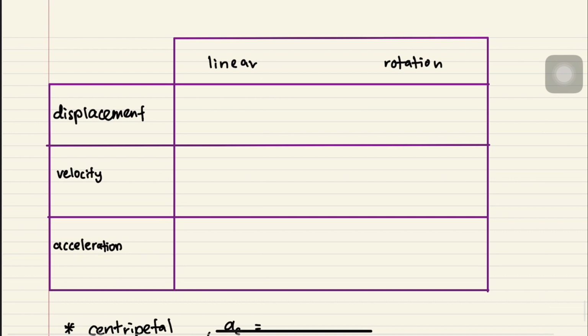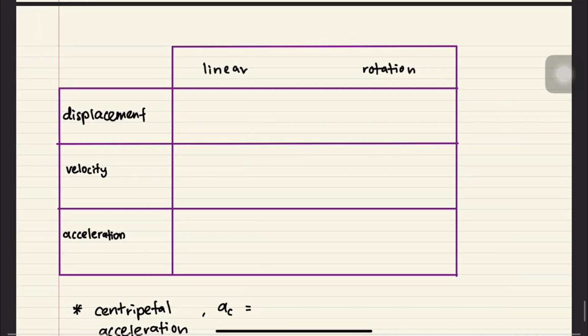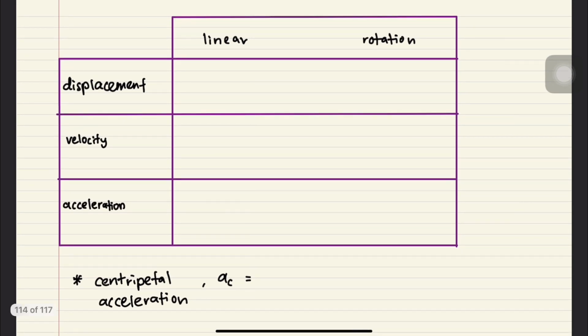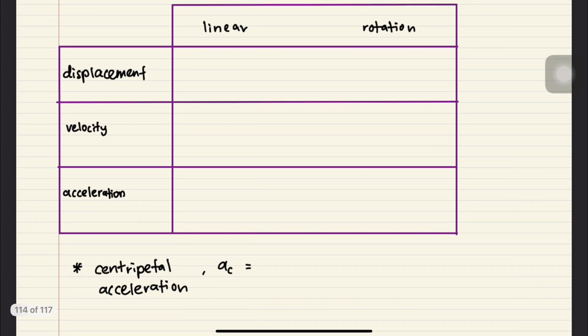First of all, I would like to show you that it's very similar in terms of linear and rotation. It's just that the symbols we use are a bit different. For example, in linear motion we have displacement, where we use the symbol S, velocity we use the symbol V, and acceleration we use the symbol A. But in rotational motion, displacement we use the symbol theta. This is what we call angular displacement.